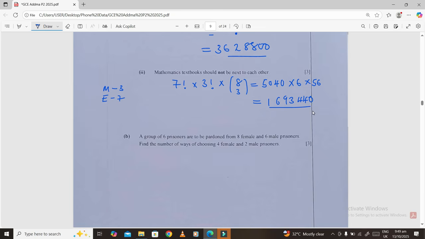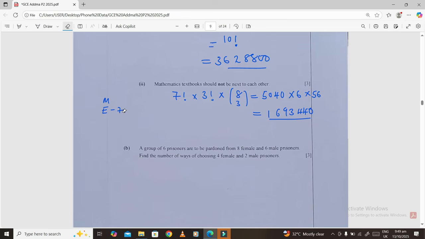Now, I know some of you are asking where the 8 is coming from. So, here, the way you can arrange, look at this. So we shall say 1, 2, 3, 4, 5, 6, 7, 8, 9, 10. Okay, so we're saying we don't want mathematics textbooks to be together.